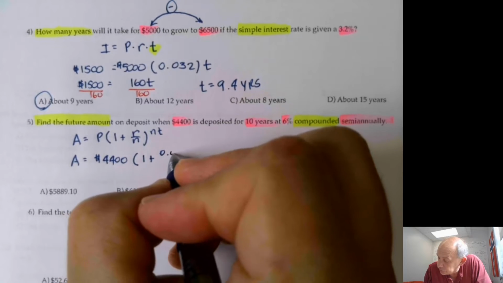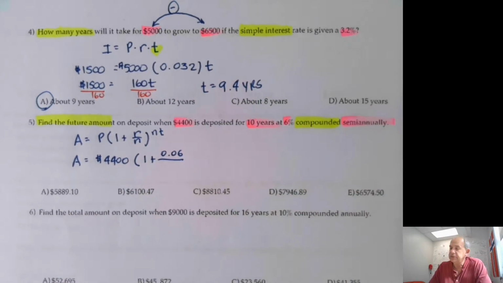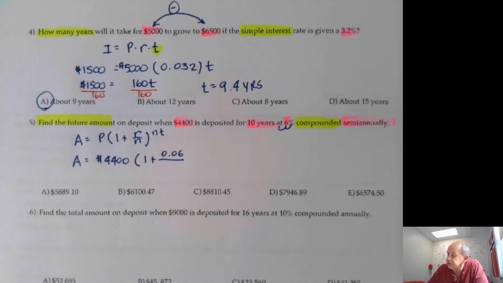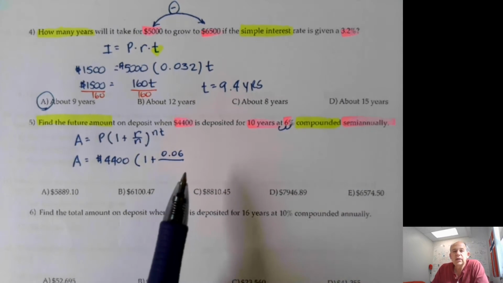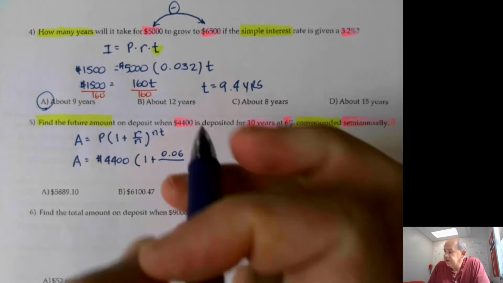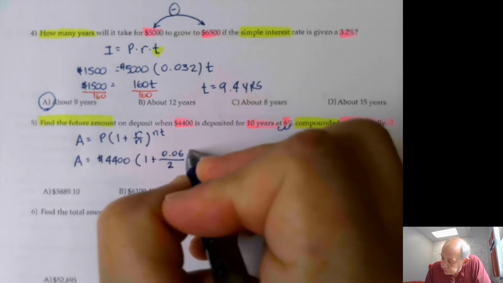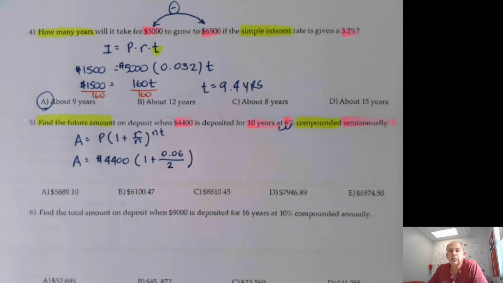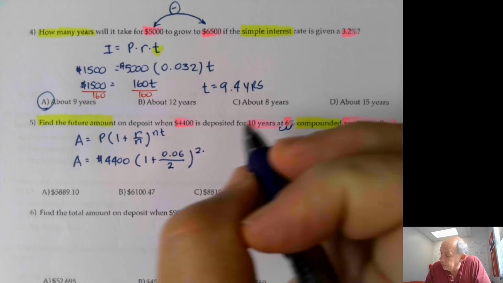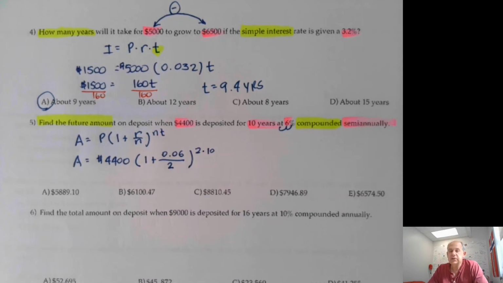My interest rate is 0.06. Nothing's changed there. Move the decimal over 2 places. N is the number of times this money is compounded per year. Semi-annually is 2 times a year. So that's why I highlighted that semi-annual, and I'm going to leave it sit in the bank for 10 years.